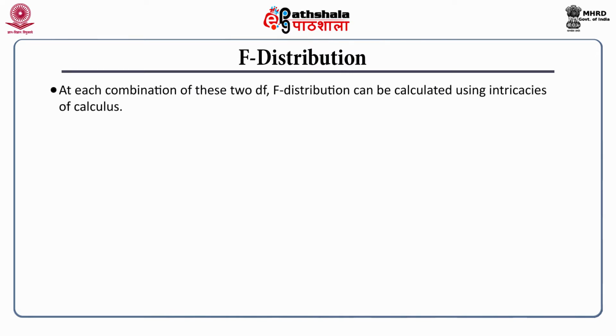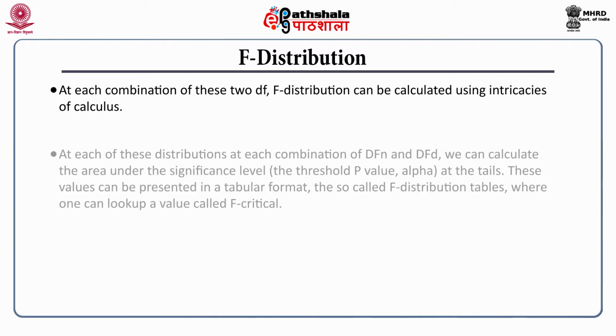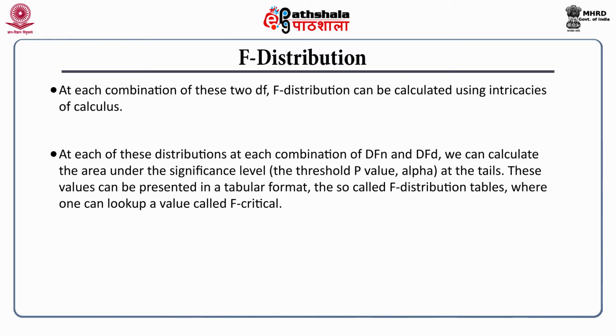At each combination of these two degrees of freedom, the F distribution can be calculated using the calculus, especially the area under the F distribution. At each combination of numerator and denominator degrees of freedom, we can calculate the area under the tails at the significance level, or the critical threshold p-value alpha.